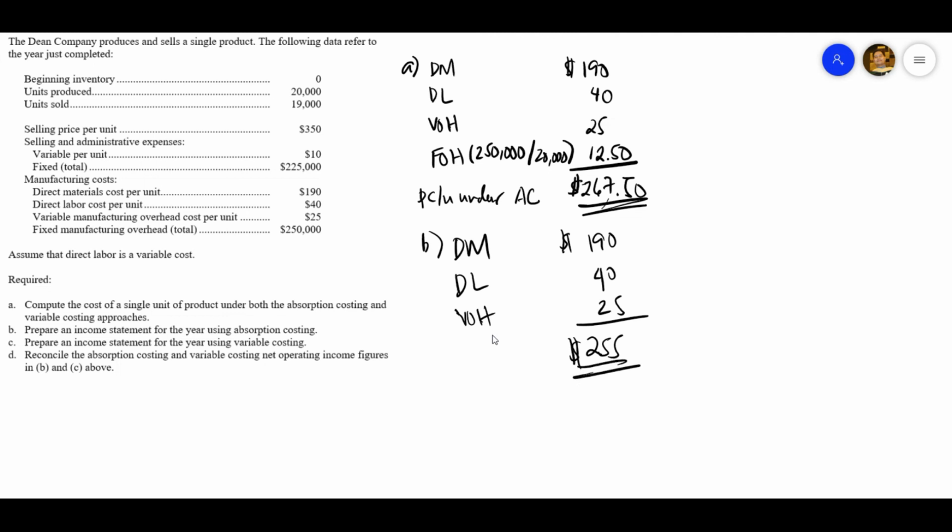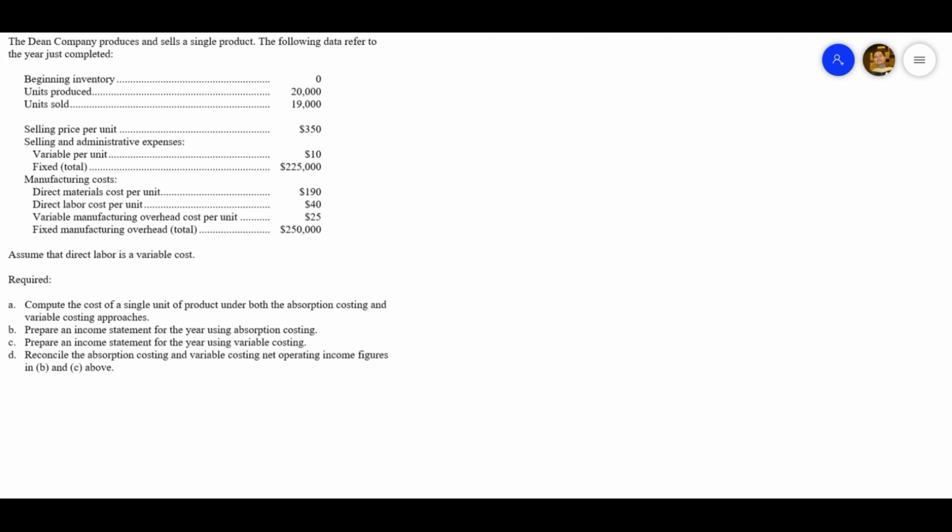That is your product cost under variable costing. Then I'll write here in letter A, your product cost per unit under absorption costing is 267.5, while for your variable costing, it's $255.